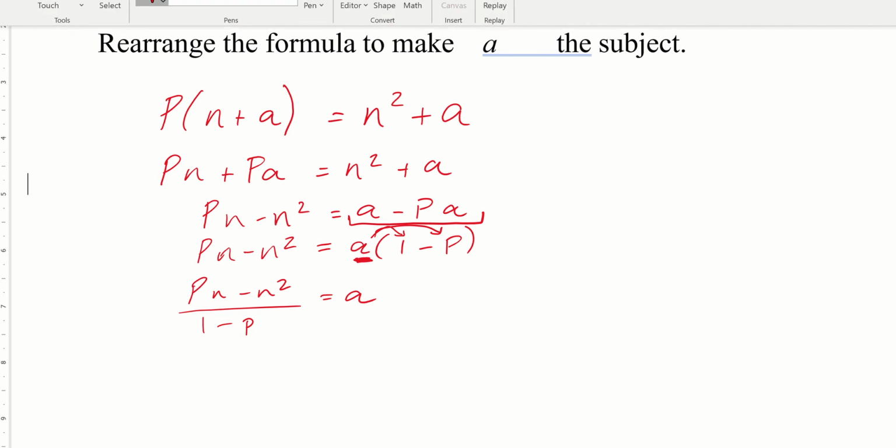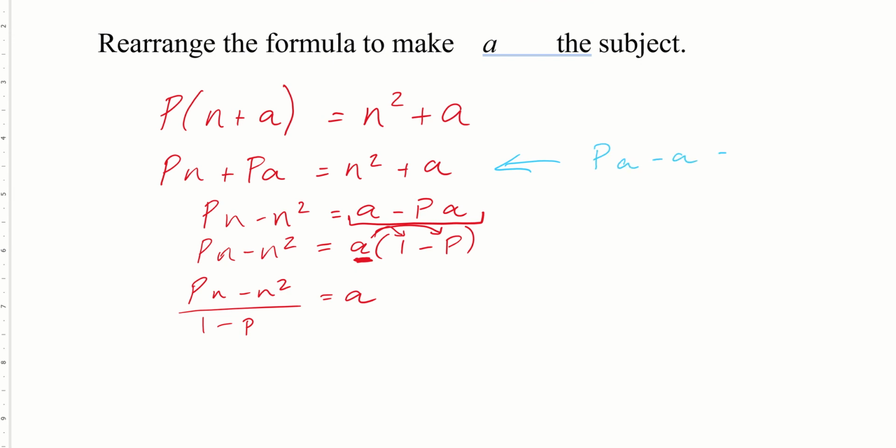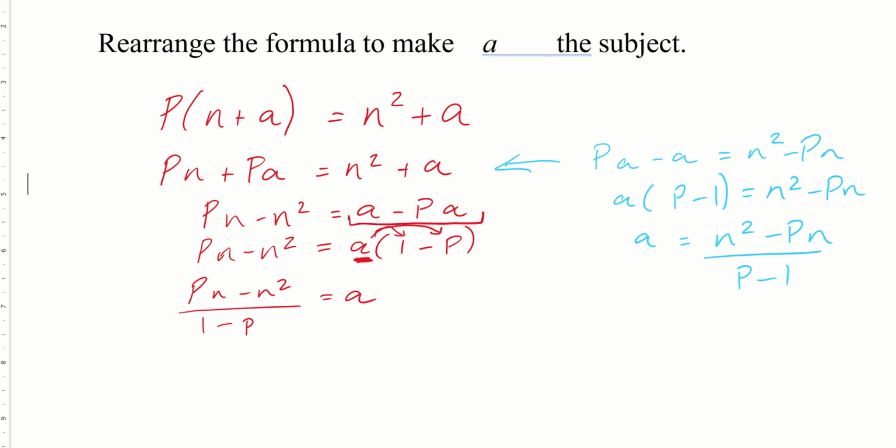Now let's say that you did it the other way, because I guarantee some of you got to, where were we, this step here. And you went PA minus A equals N squared minus PN. Watch how you get the exact same answer. So, you're thinking, no I didn't get the same answer, but if I factorised out a -1 out of the top and out of the bottom, I'd get negative n squared plus pn.